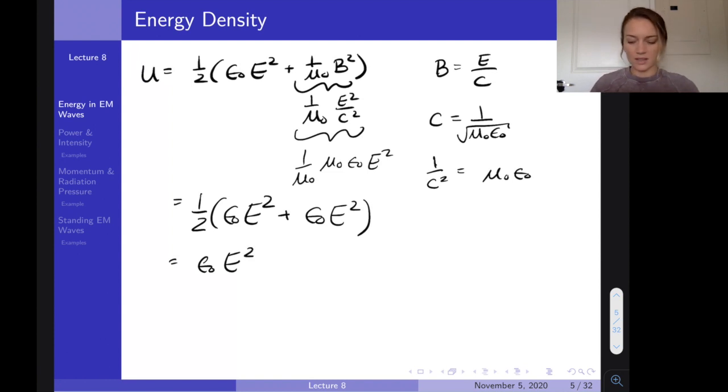So the energy stored in the electric field component is exactly the same as the energy stored in the magnetic field component, even though the magnetic field magnitude is so much smaller than the electric field. You might think that the energy stored in the magnetic part is going to be a factor of c less, but it's actually not. They store equal amounts of energy. Half of the energy in an electromagnetic wave is stored in the electric field, and half is stored in the magnetic field, no matter what their magnitudes are.